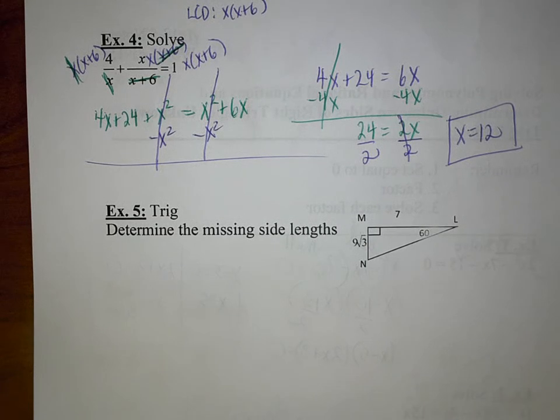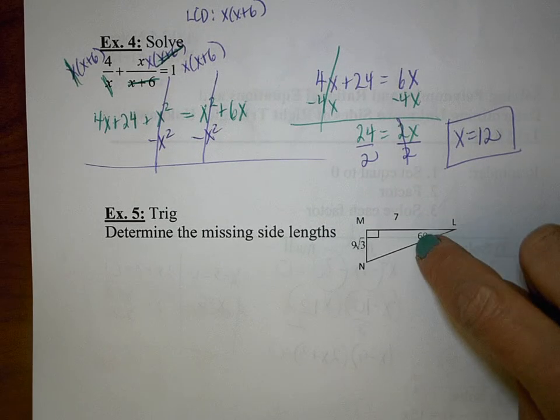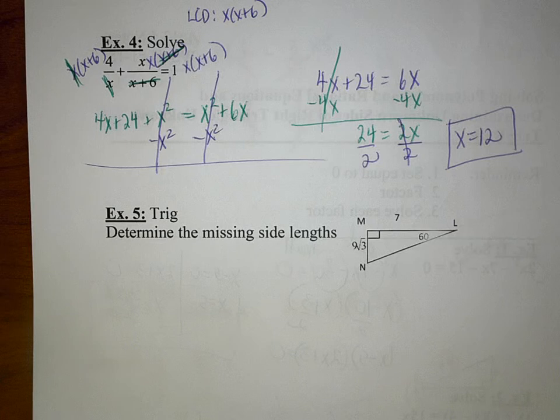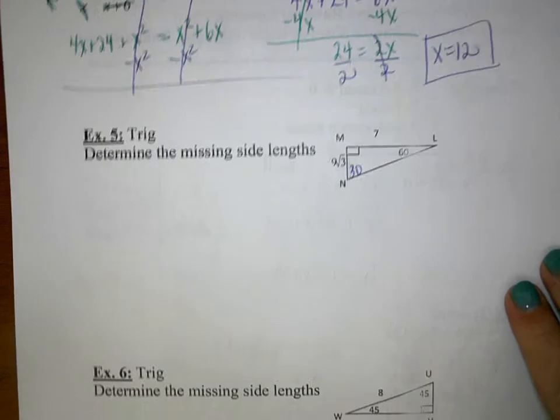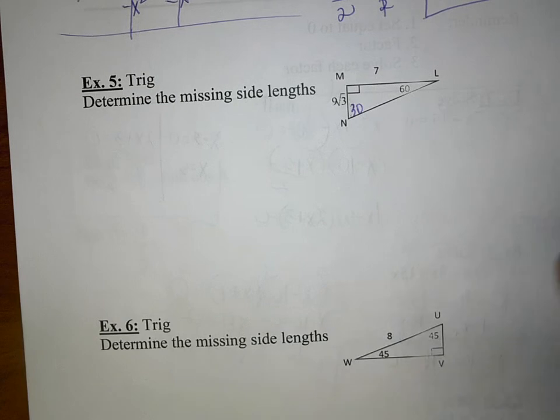Okay, so this next part on our trig is to determine the missing side length. So if this is 60, this one over here has to be what? 30. If you go back in your notes, across from the 60 degree is your what?